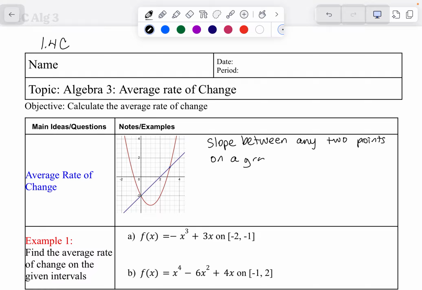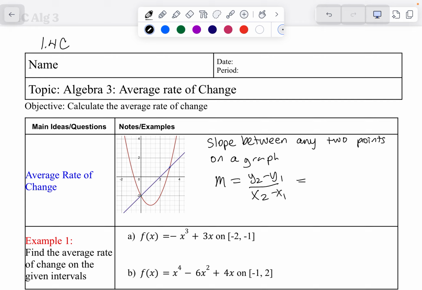Okay. So if you're in a calculus class, we're exploring more of the relationships from two spots on the graph. We actually are going to use the slope formula, y2 minus y1 over x2 minus x1. But we usually use it in function notation.